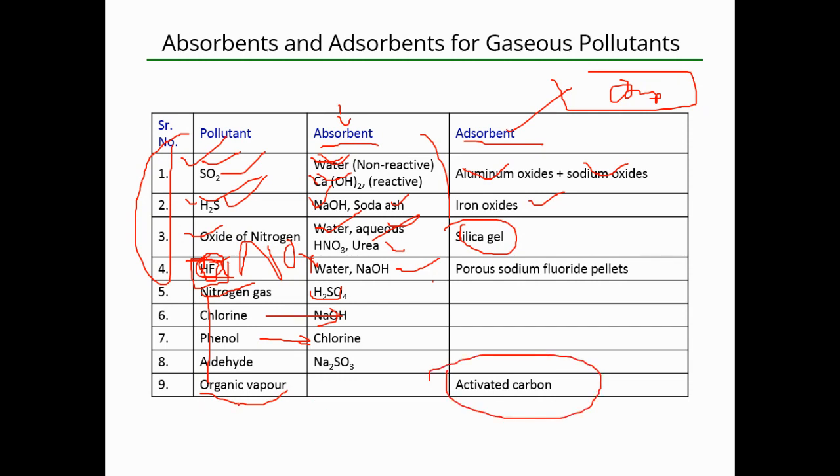Organic vapor means there are some organic hydrocarbon compounds present in vapor form, like in incomplete combustion, CO, CH4. These organic compounds are present due to incomplete combustion, and these organic vapors are adsorbed by the activated carbon, and there is no liquid spray or absorbent for that.